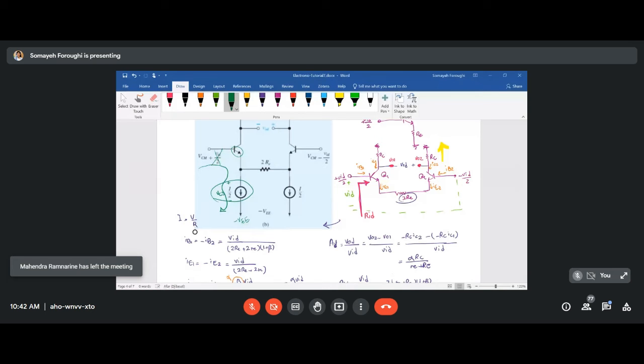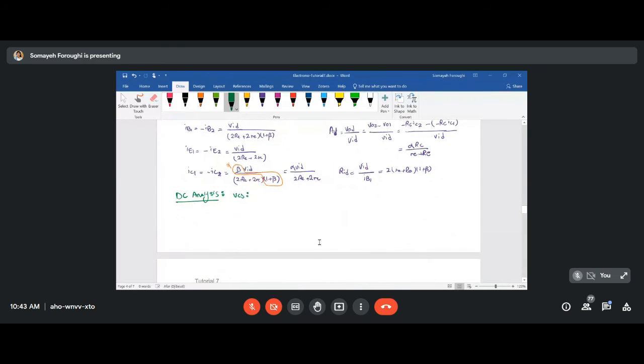That's so simple. So if you do a KVL, you will get negative VCM plus base emitter plus VCS, current source voltage, and VEE all equal to 0. So finding the current source voltage, you will get VCM plus VEE minus base emitter voltage.